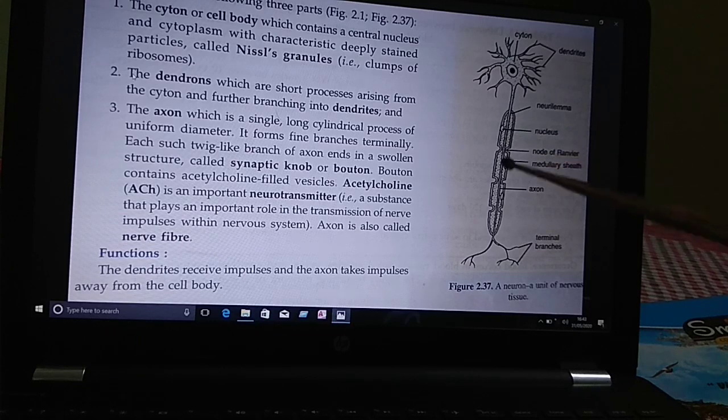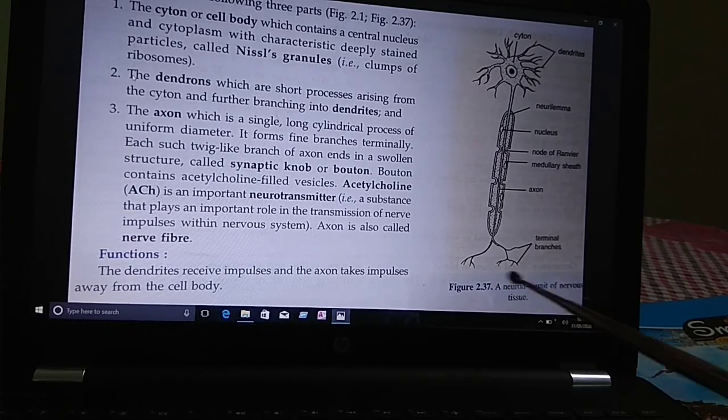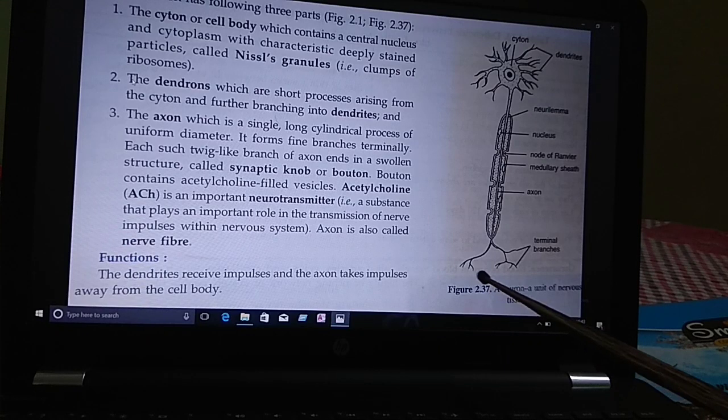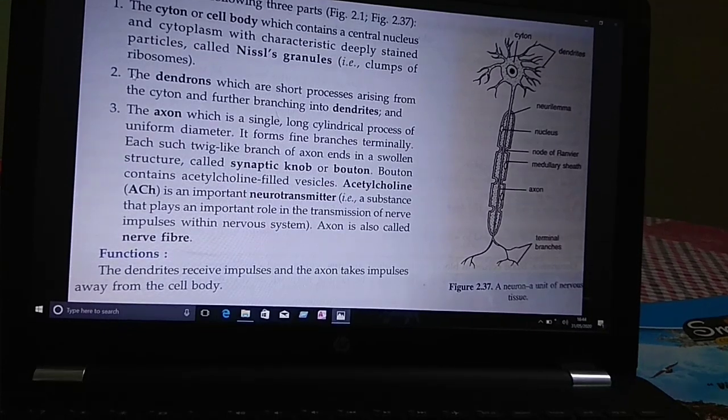From here to here it carries, and again it transmits to another neuron. Here it is joined to another neuron, and the gap between the two neurons is known as the synapse.